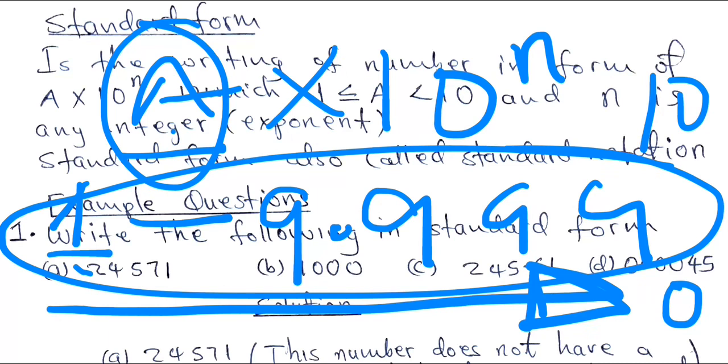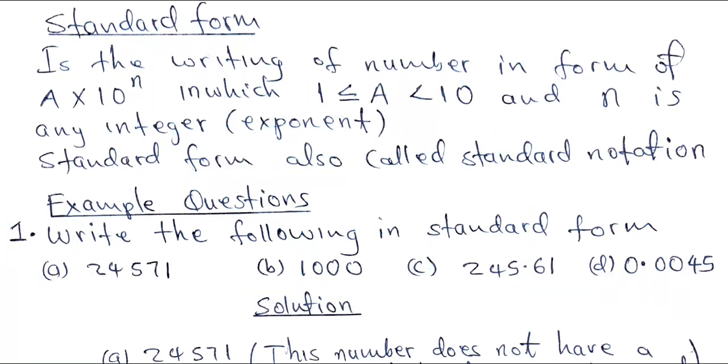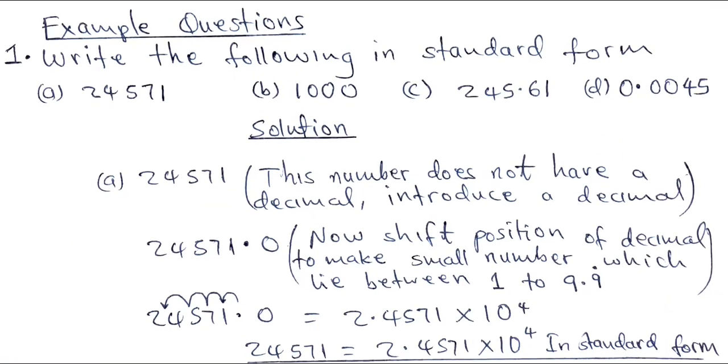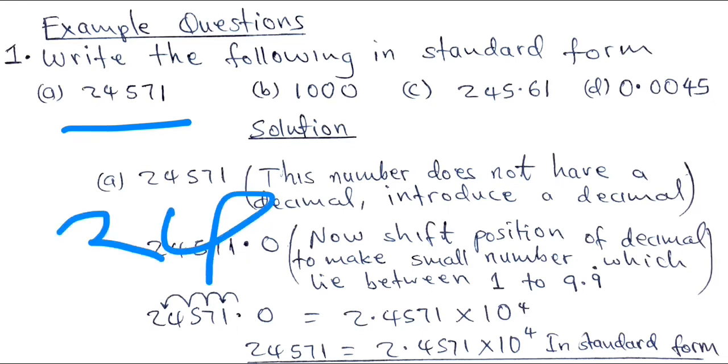Okay, let us check an example question concerning this one. For instance, you want to write this number into standard form or standard notation, because standard form is another name for standard notation. It is 24571.